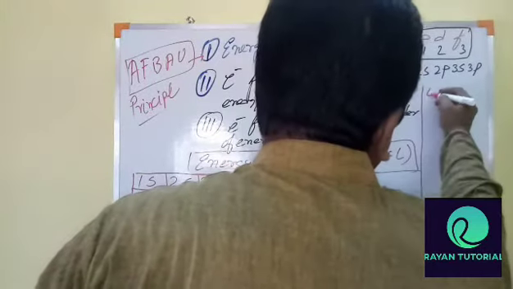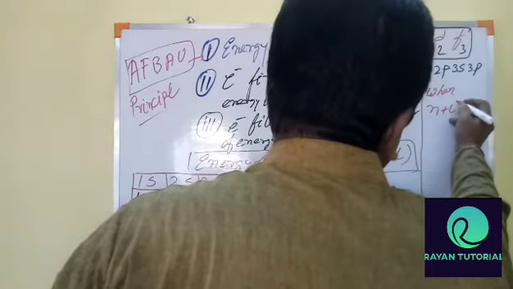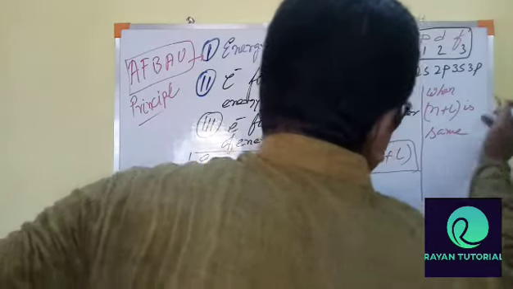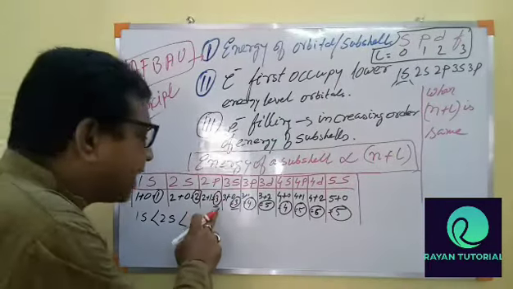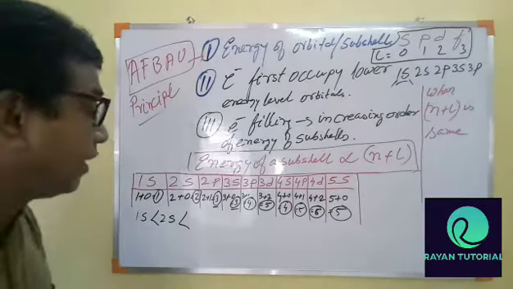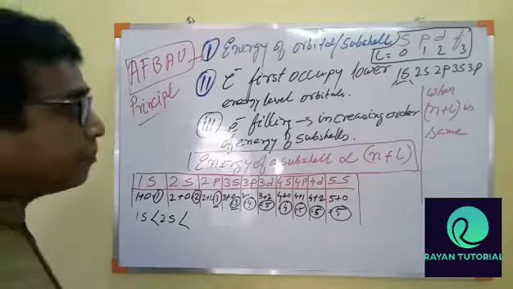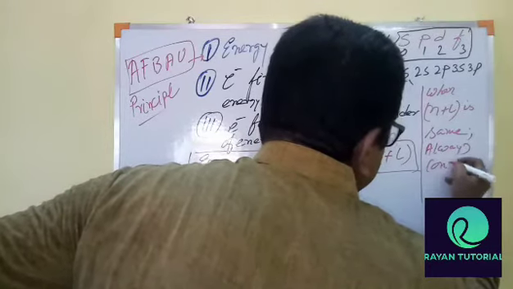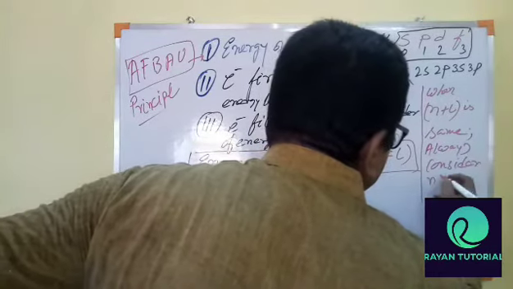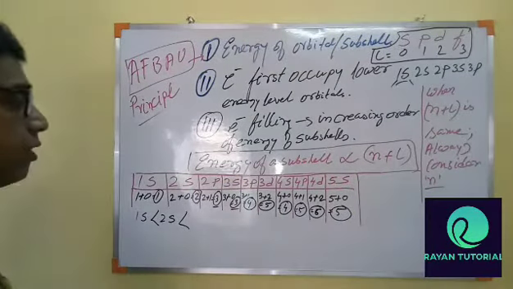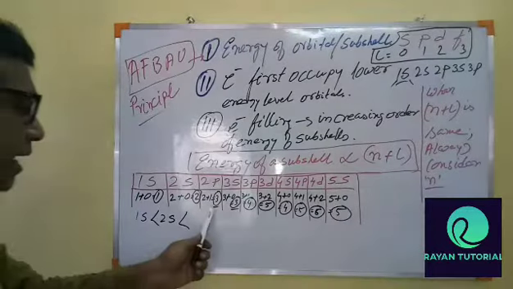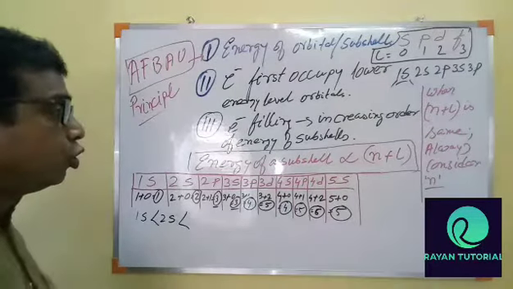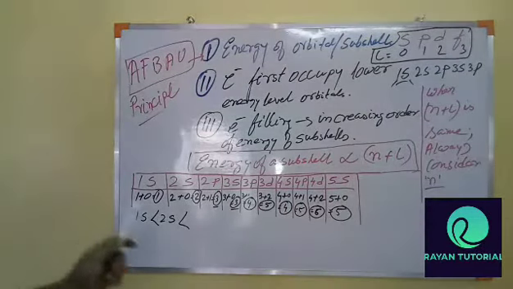When N plus L is same, means here N plus L is 3, here also N plus L is 3, then at that point of time always consider N. So whenever you find that N plus L is same, like here 3 and 3, here 5 and 5, at that point of time what you should do? You should always consider the N.